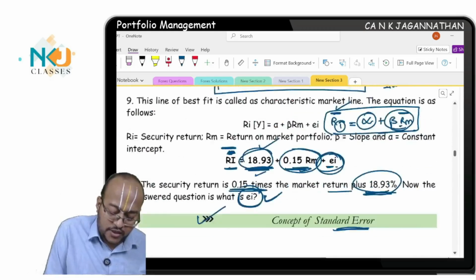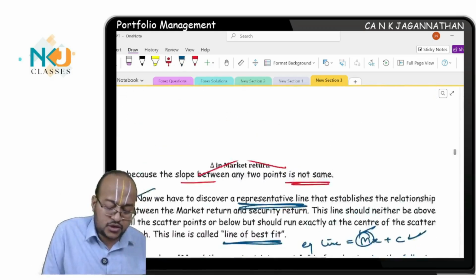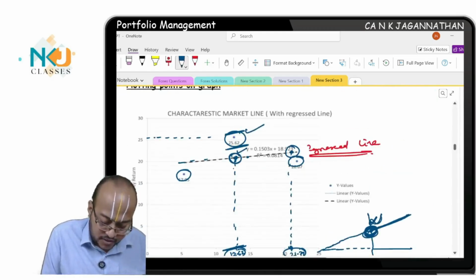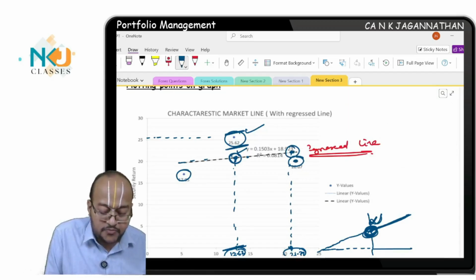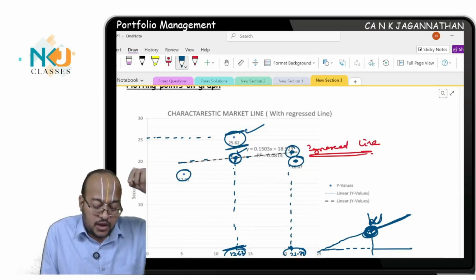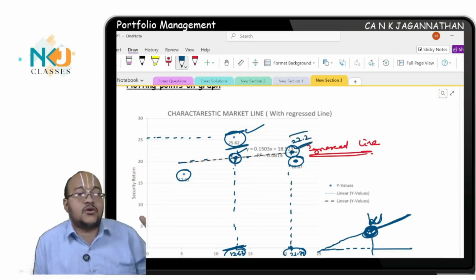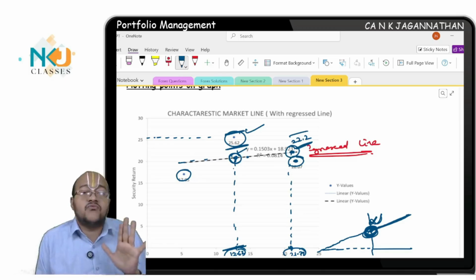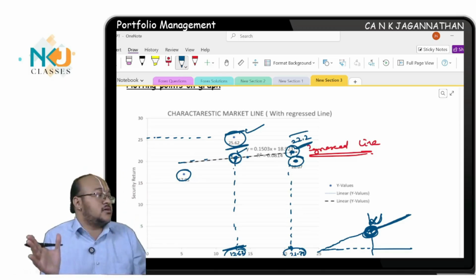What is the return? Yes, 22.2. Like this, it should come on the line of best fit. Even though the corresponding actual return is something different, 20.07, on the line of best fit the return will be 22.2. Are you all understanding? Which means the standard error is nothing but the deviation from the actual return.